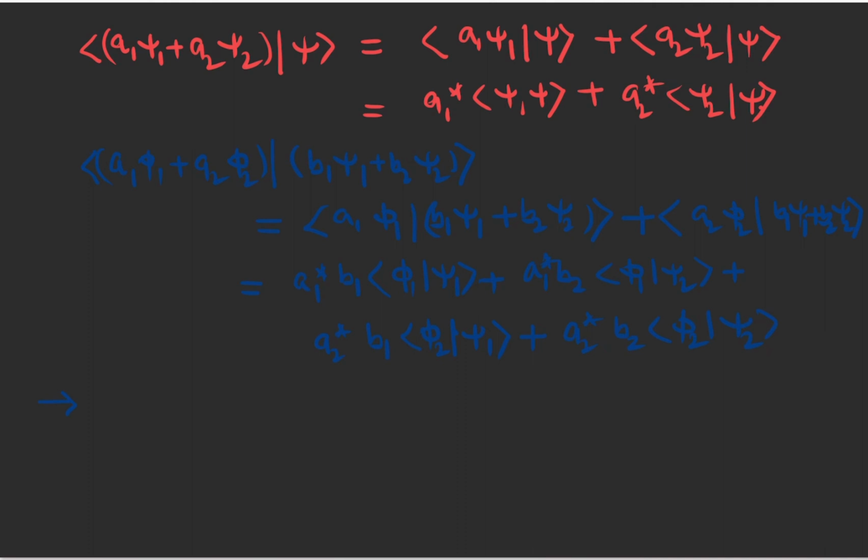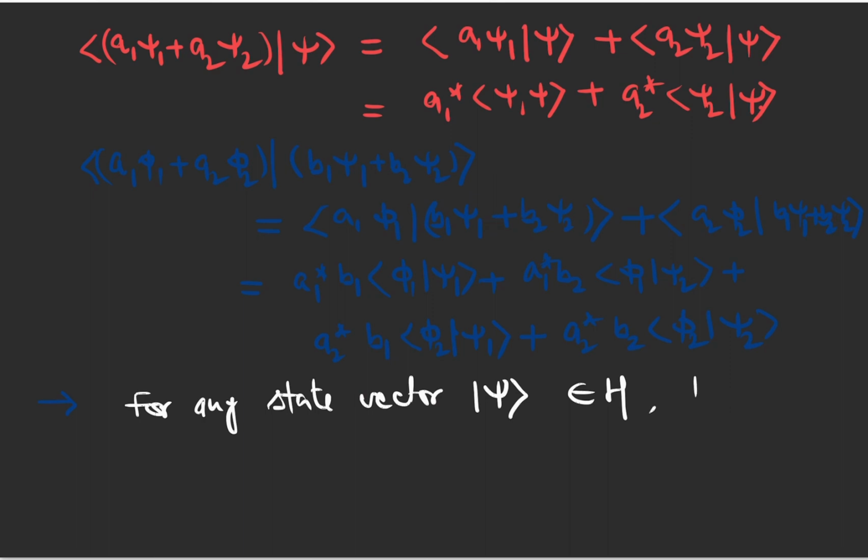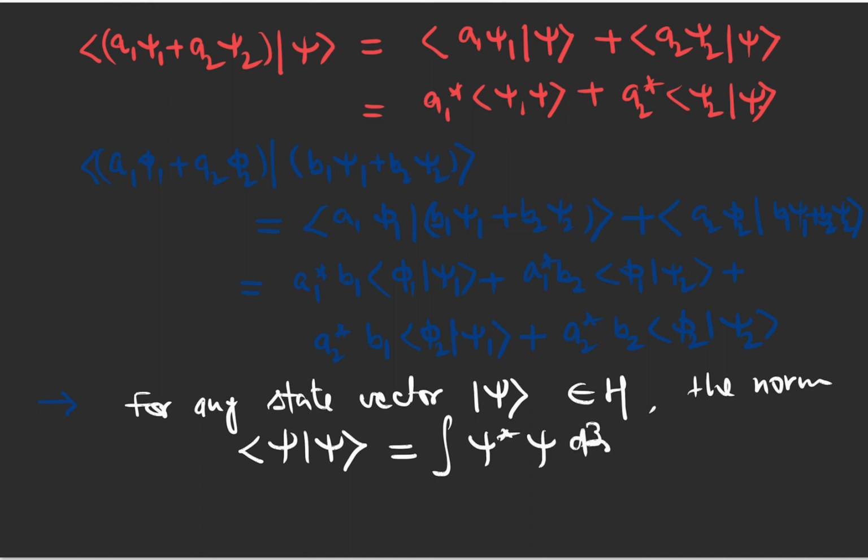That is, for any state vector ket psi of the Hilbert space H, the norm bracket psi psi is real, which can be written as the integral of psi star psi dτ, and positive, real and positive.